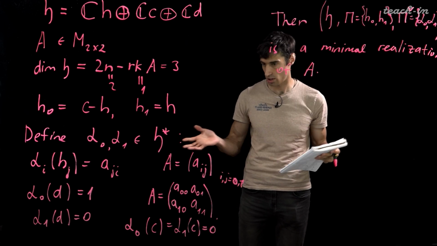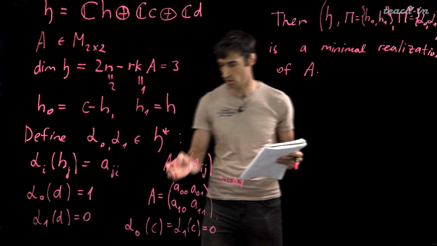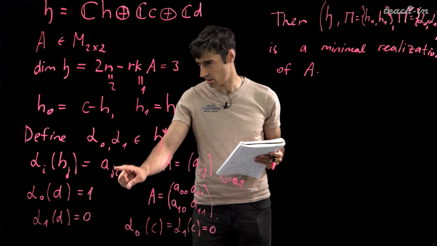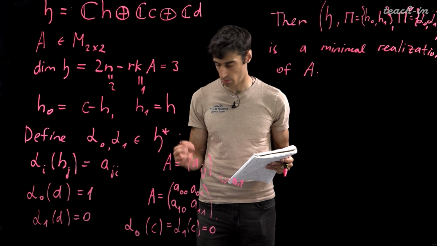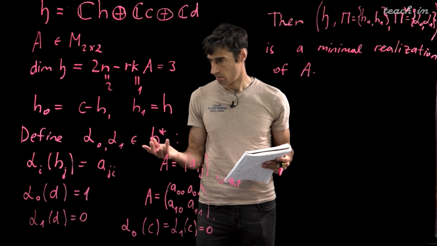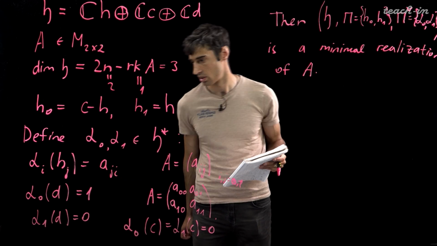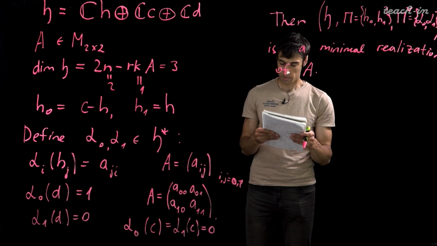So it is obvious that it's a minimal realization. The one additional thing that we never spell out is that alpha 0 and alpha 1 should be linearly independent. But this is because of this condition, of course.